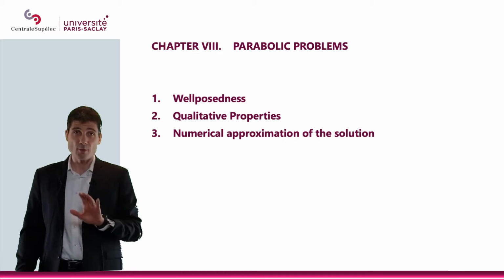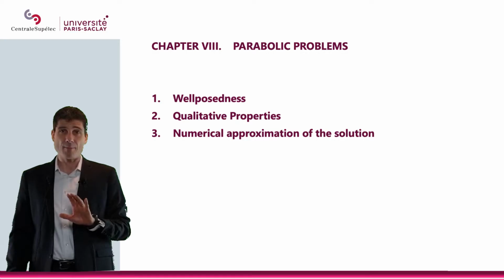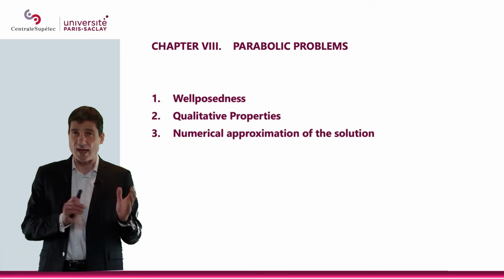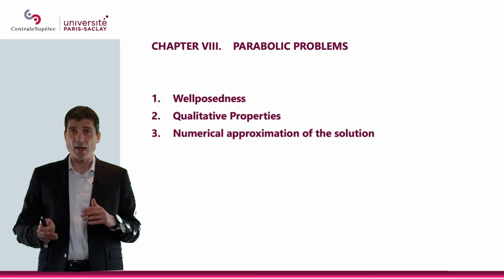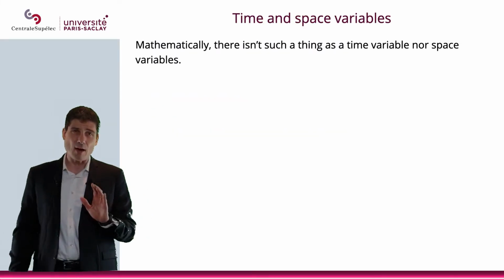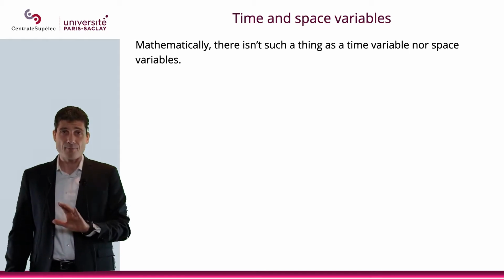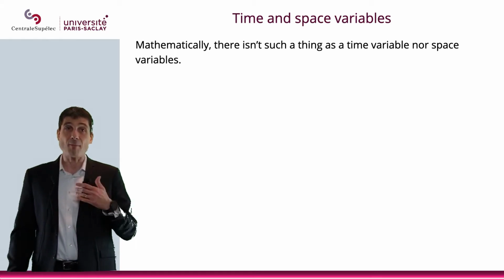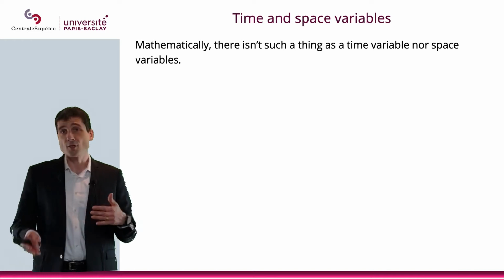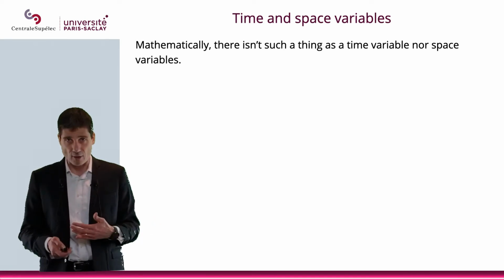Now, before we talk about this, I would like to point out something that I just said earlier. I said time and space variable, and I would like to say something about this. Mathematically speaking, there is not such a thing as a time variable or a space variable.